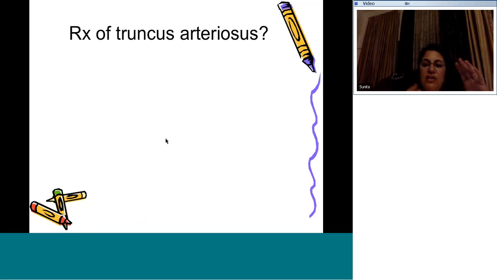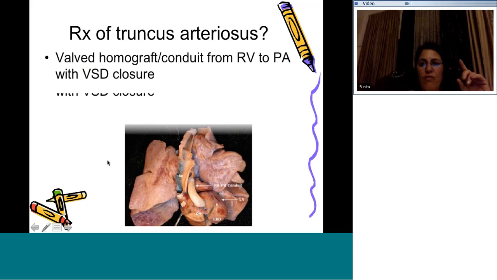So the pulmonary arteries, you're going to close the VSD in such a way that the LV goes to the trunk so that it becomes LV to aorta, and you put a conduit from the RV to the PAs. Yes, plus or minus truncal valve repair.